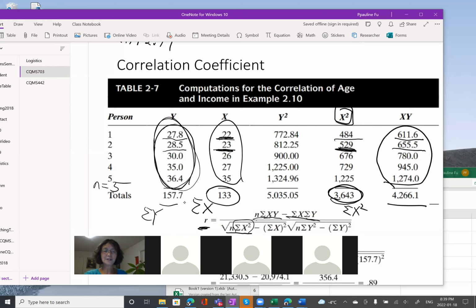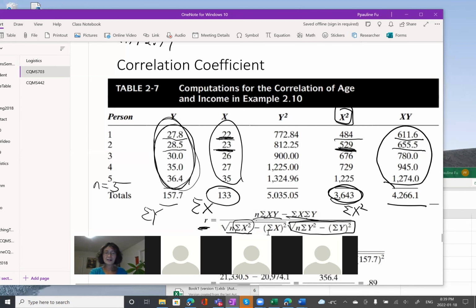Sigma x means add all x together. Then squaring it means 133 times 133. This is this part. Okay, so by the same token, you can explain all the items here. That is the formula method to calculate the correlation coefficient.